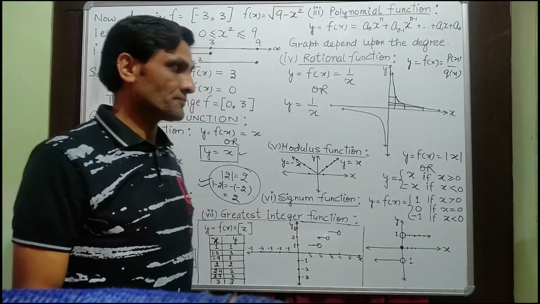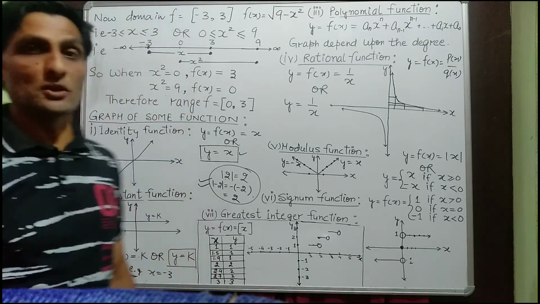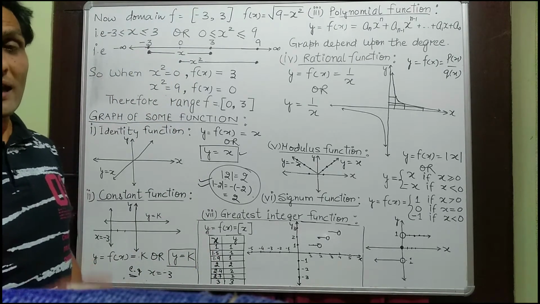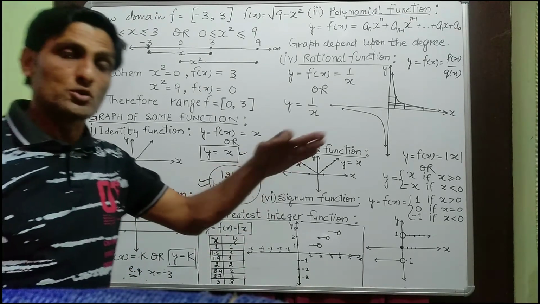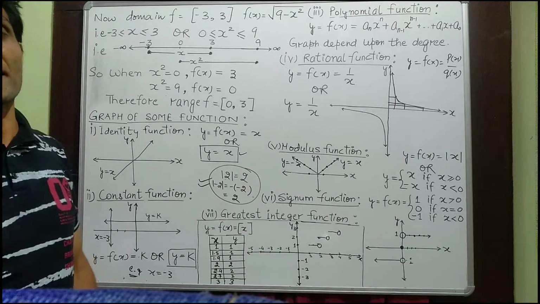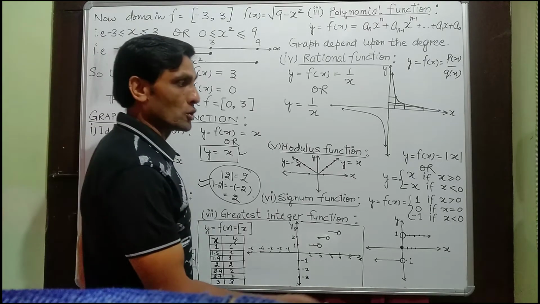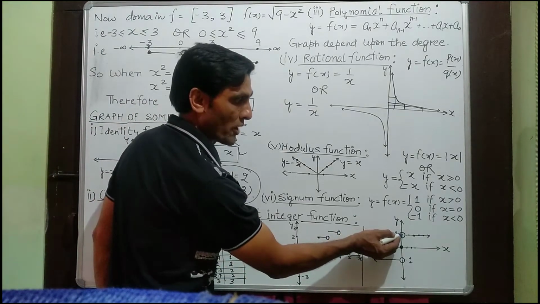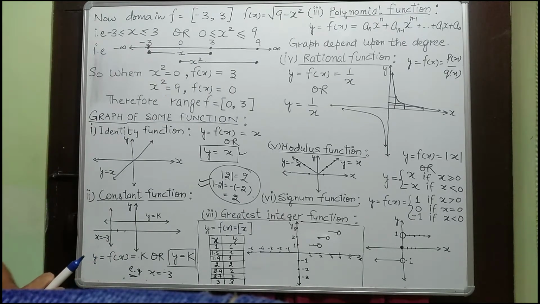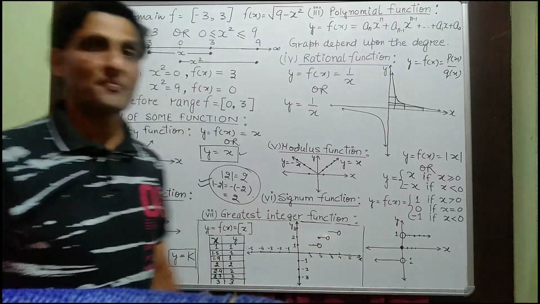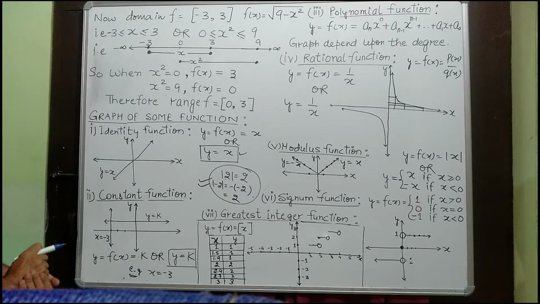Because when x is 0, y is 0, and when x moves to the right side of 0, the value of y jumps to 1 directly. That means when x equals 0, y cannot be 1. Therefore, this point cannot be a point of the graph. Similarly here.